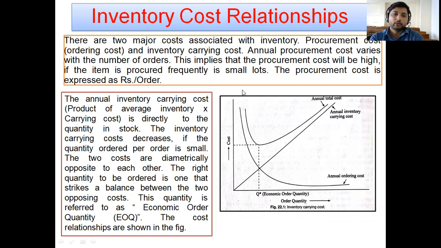Annual inventory carrying cost, in bracket, product of average inventory multiplied by carrying cost, is directly proportional to the quantity in stock. Full stop.